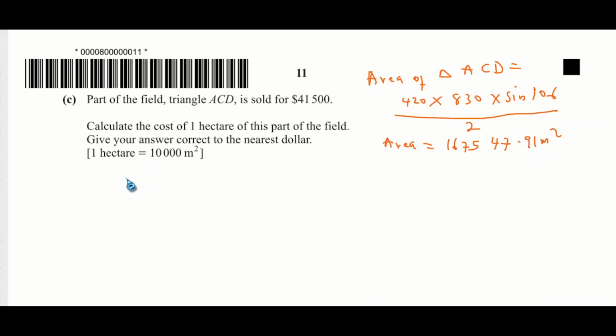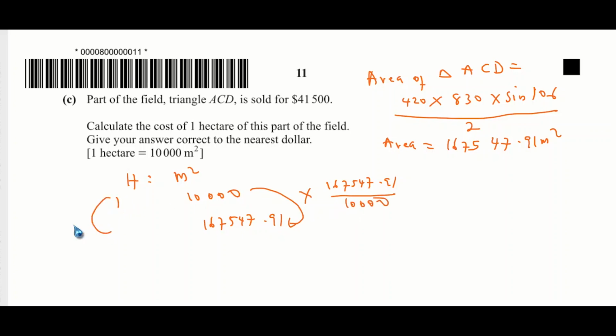We have the ratio of hectare to square meter, which is 1 to 10,000. Now we have the area to be 167,547.91. So what was done to get this? We divide 167,547.91 by 10,000.